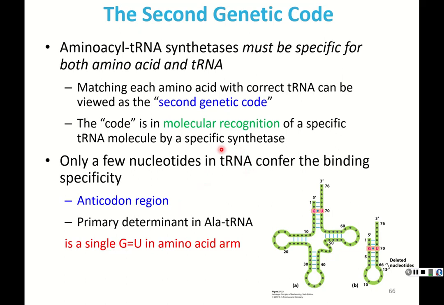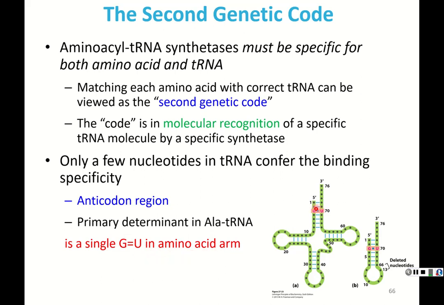Only a few nucleotides in that tRNA confer the binding specificity. Those are the anticodon region, and so the primary determinant in the alanine tRNA is a single GU base pair in the amino acid arm.